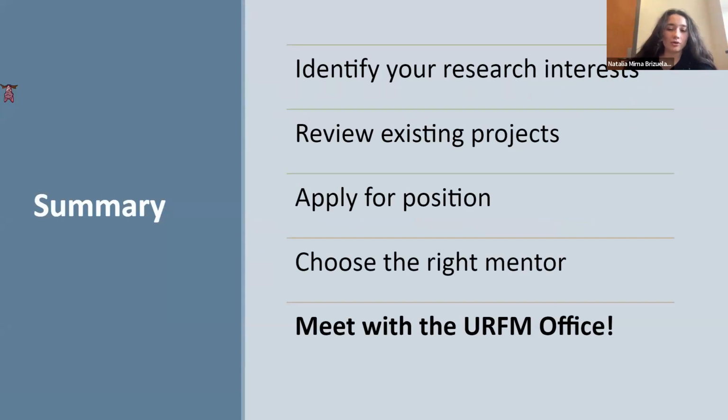We all have our own advising hours that you can schedule and talk to us one-on-one if there's anything that we're interested in that you are also interested in. The URFM office has a ton of resources to help you with any more of this. If any of this was confusing, please feel free to look at the website, and there will be tons of resources for you.